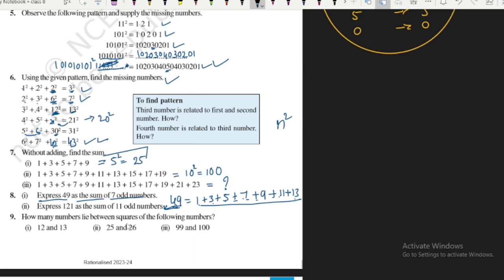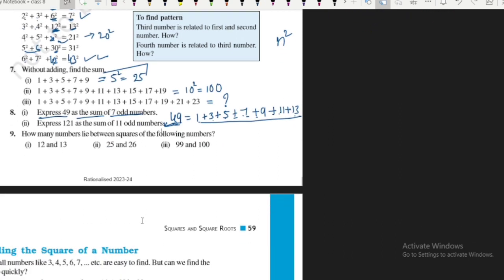Next, question number 9. How many numbers lie between the squares of the following numbers? We already discussed that between any two consecutive square numbers, for example n square and n plus 1 whole square, there are 2n numbers lying, where n is the smaller number.